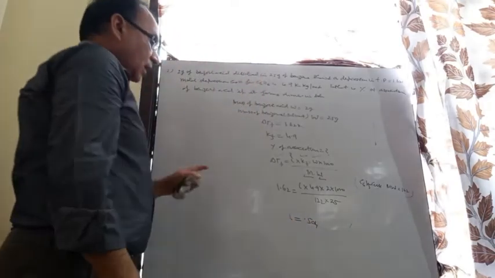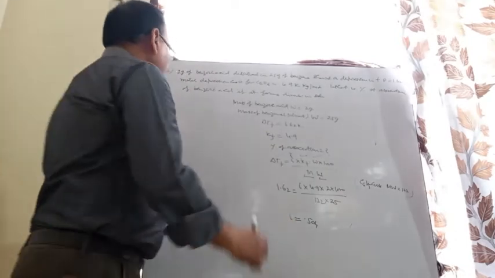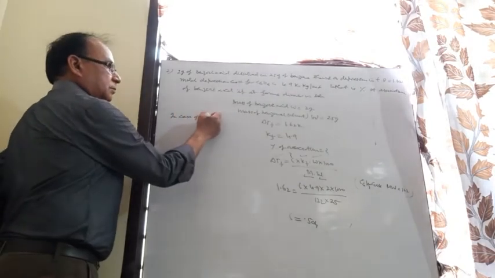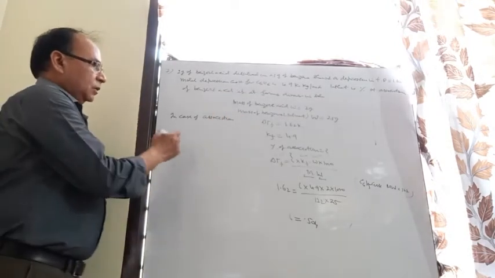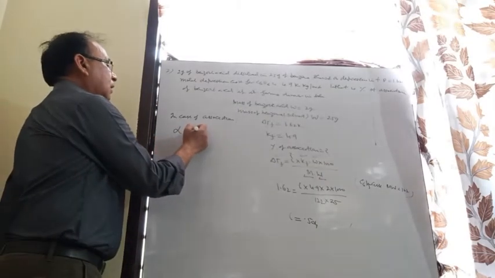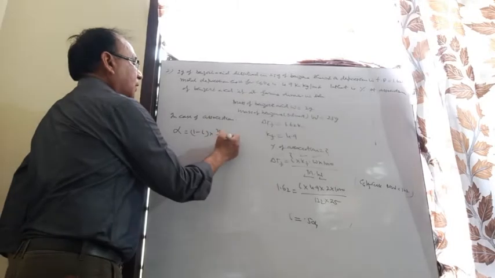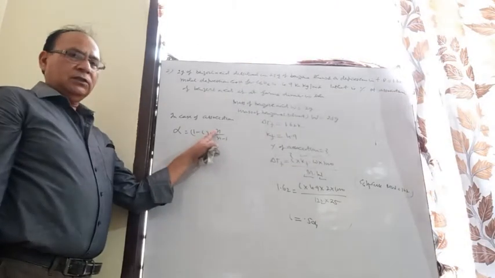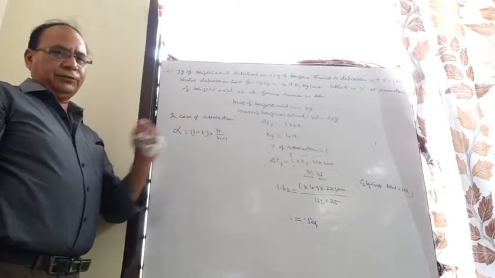Now we can calculate the value of alpha by using the value of i. So in case of association, the relationship between i and alpha is alpha equal to (1 minus i) into n over (n minus 1), where n is the number of moles which are undergoing association.